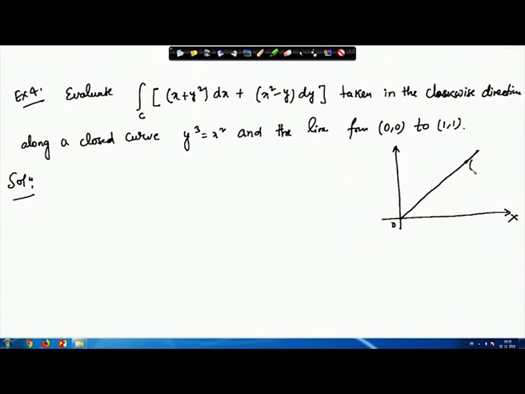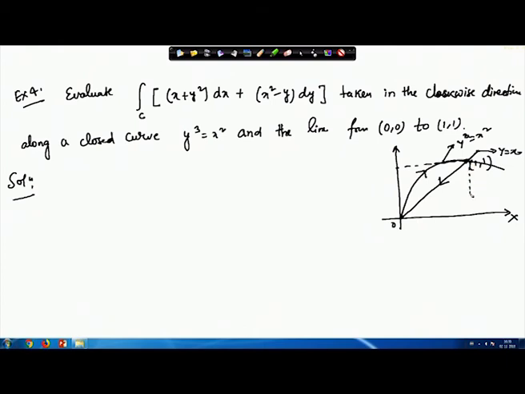Here somewhere we can have the point 1 1, and y cube equals x square, which will be given by a curve something like this. You can look into any book for how to draw this curve. This is our y cube equals x square, and this is our y equals x. Since we are in the clockwise direction, we are moving from this direction to this direction.